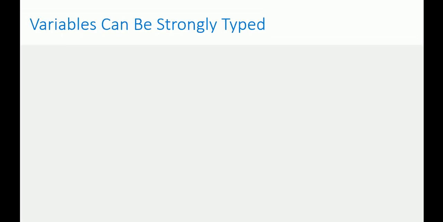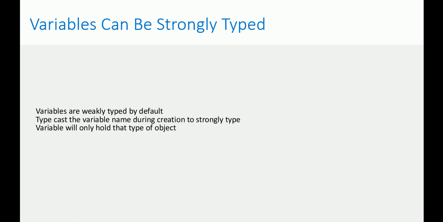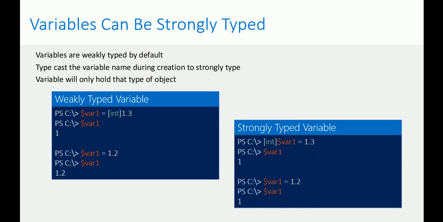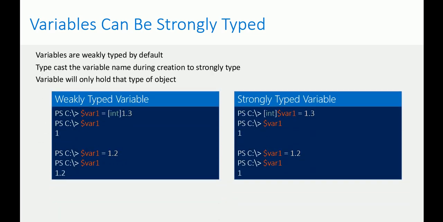Let's understand how a variable can be strongly typed, how you can make your variable strong. So here is a weakly typed variable, and this is a strongly typed variable.